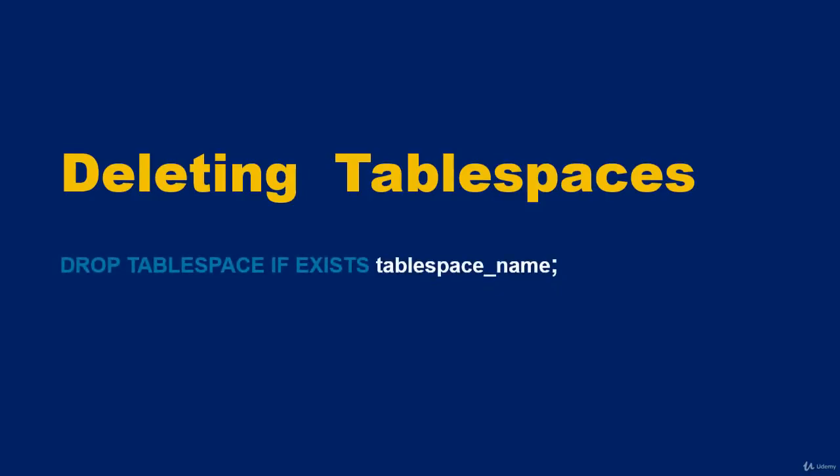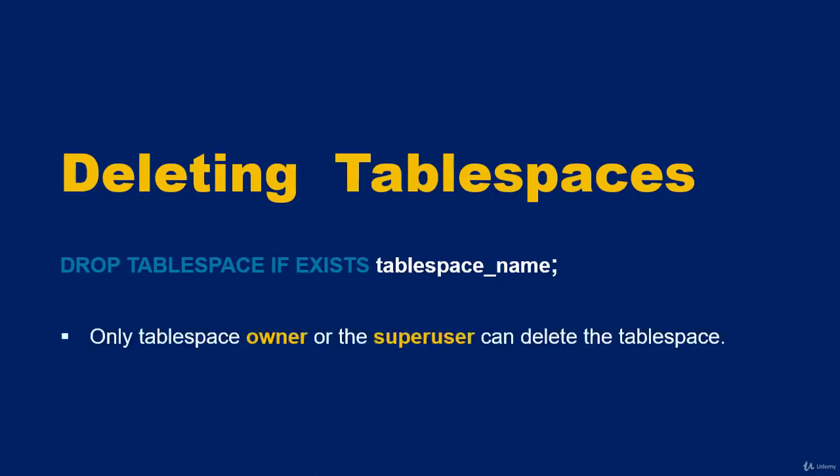Hello there. Once you have created a table space, you can also remove the table space by using the drop table space statement. So this is what the statement will look like. You would need to specify the name of the table space after the drop table space clause. The if exists helps you avoid the error of removing a non-existent table space.